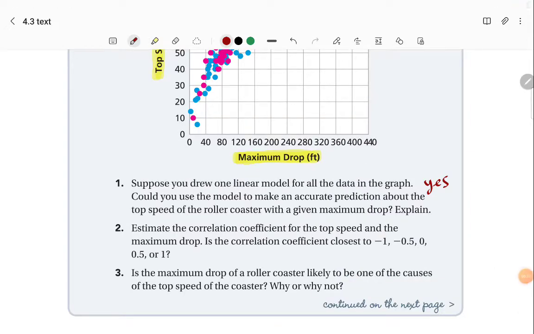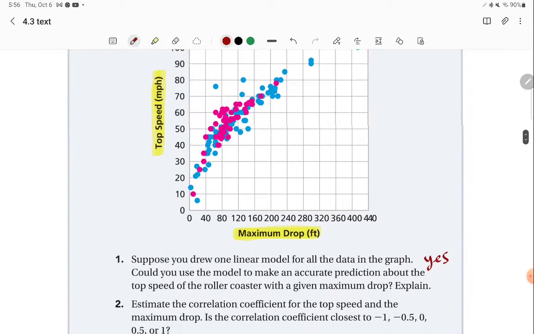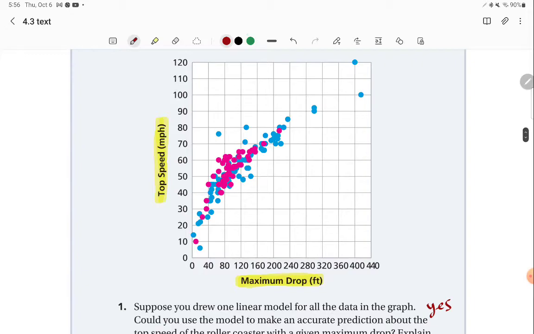Okay, the first one: suppose you drew a linear model for all the data in the graph. Could you use a model to make an accurate prediction? We can answer that question by trying to draw a line of best fit. Our line of best fit might look something like this. Your line of best fit doesn't necessarily go through the exact middle, maybe something like that red one.